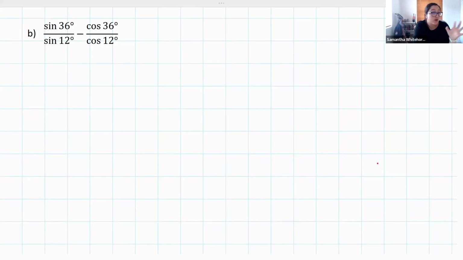We should see that there's a relationship because 12 and 36 are both multiples of 12, so maybe that's important. But right now, there's nothing I can do with this except find an LCD. Sure, I could apply co-ratios if I wanted to, but it's not really going to help me.